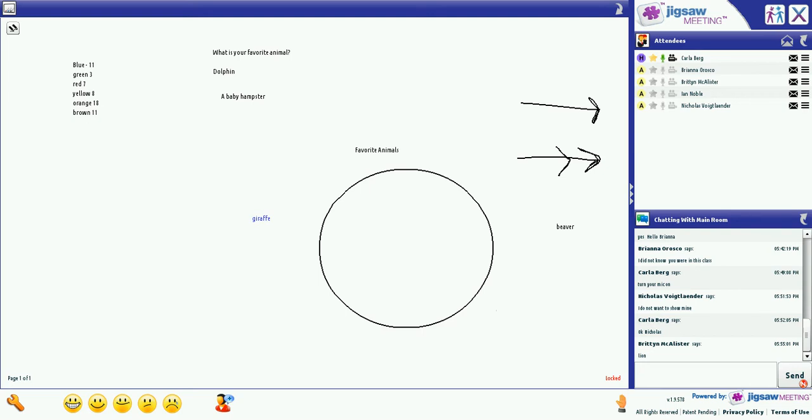And we have 5 different animals, so we need to divide this graph into 5 different pieces. So I'm going to take my line, and I'm going to do my best to divide this into 5 equal pieces.